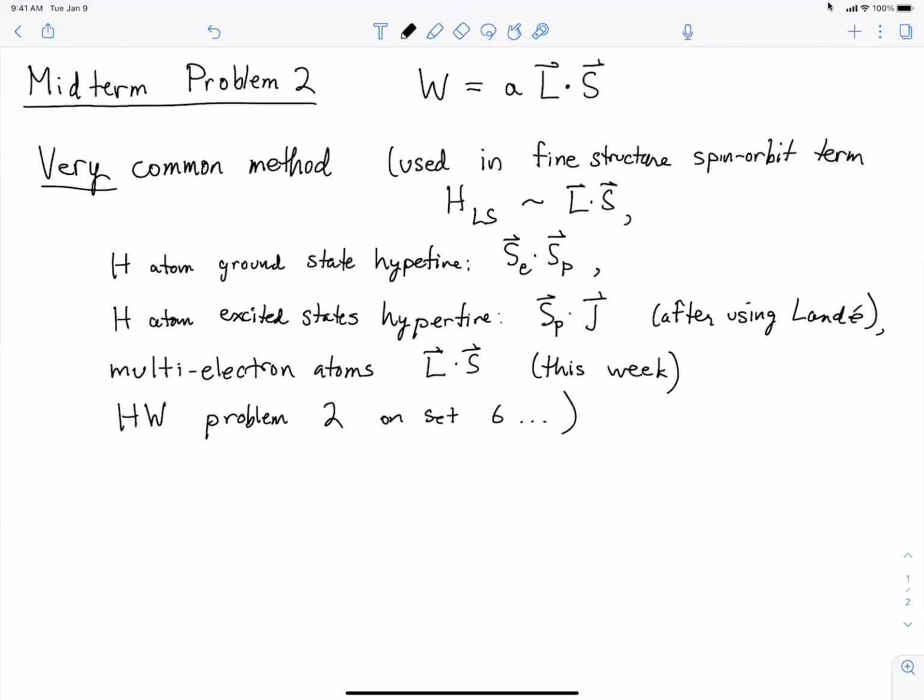Okay, so what's the method? Let me remind you what it is. You have a total angular momentum, which is the sum of the two, in this case orbital plus spin.